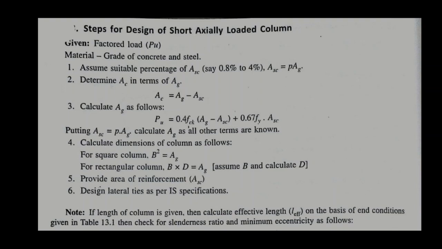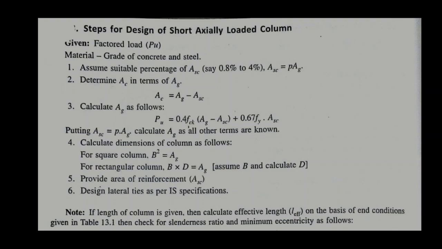It will vary between 0.8 to 4%. Most of the time we generally take 1% for easy calculation. Okay, and Asc is definitely p into Ag, where Ag is gross area.